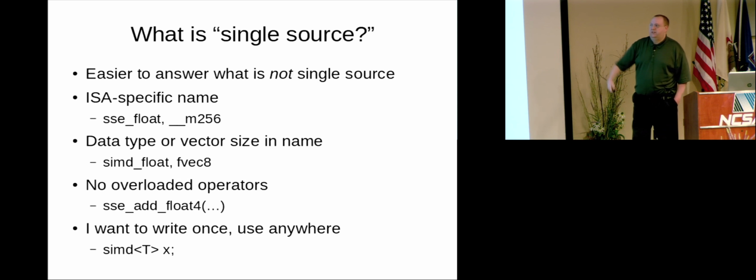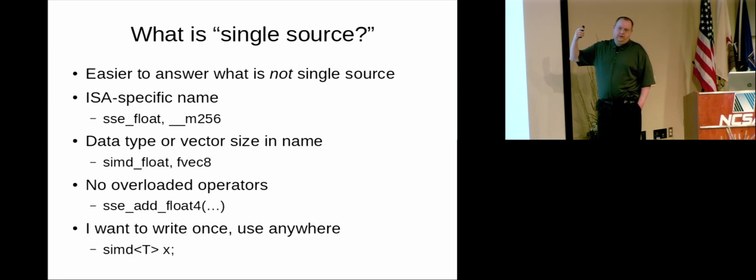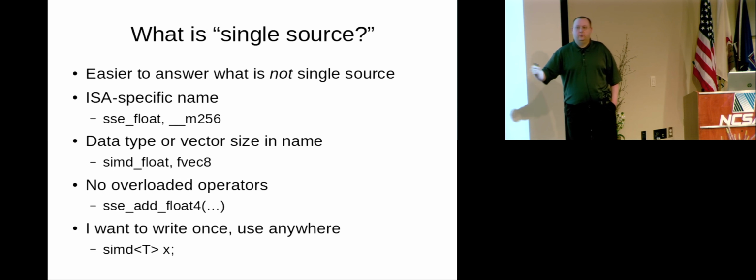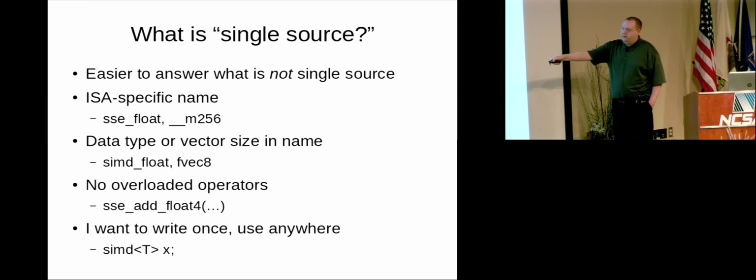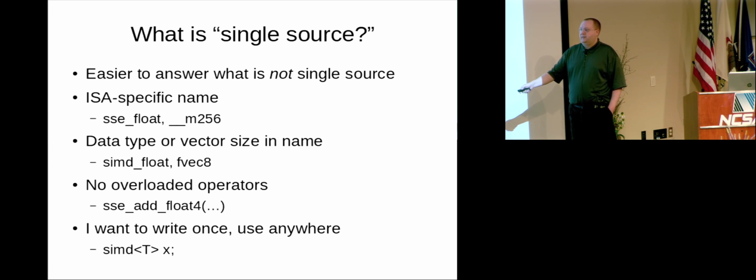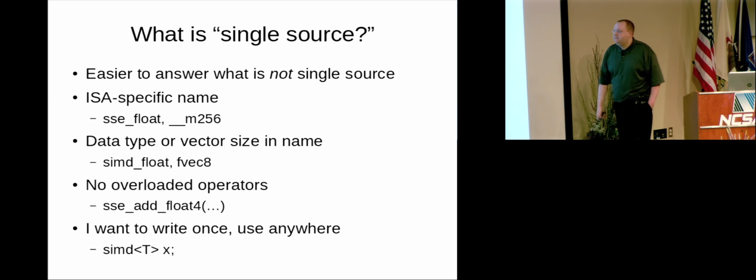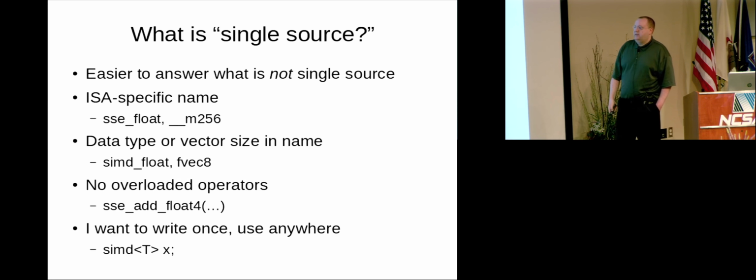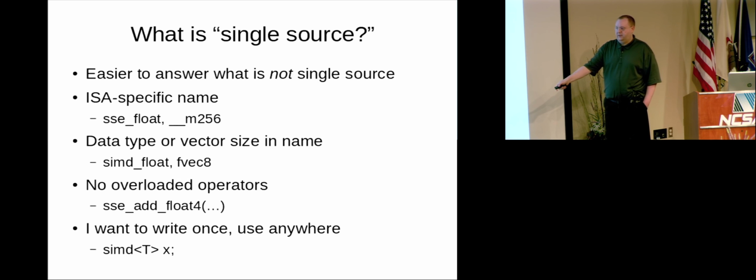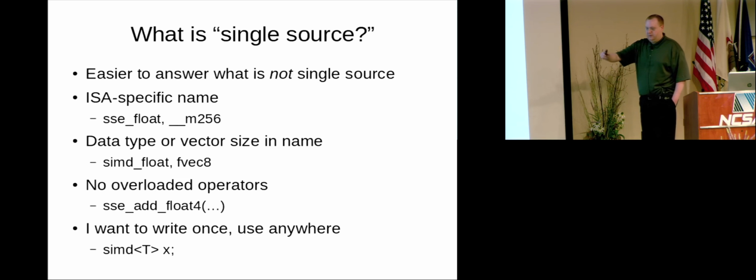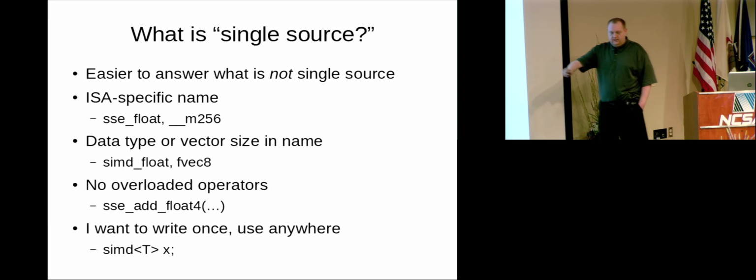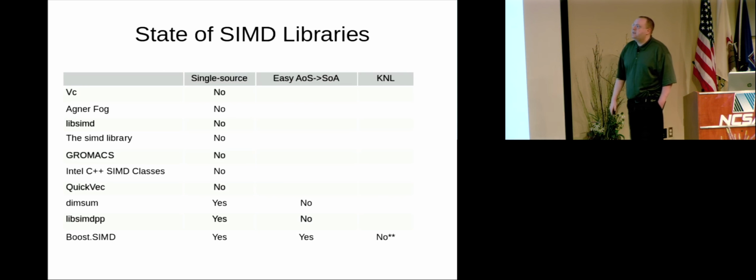I don't want the vector size in the name, because now they need to know if they're dealing with AVX or AVX2 or whatever. I want overloaded operators. I do not want to have to call SSE add float 4. And I want to write once and use everywhere. So I want a type that just takes a parameter, and that's it. The user specifies the precision, and the library handles everything else.